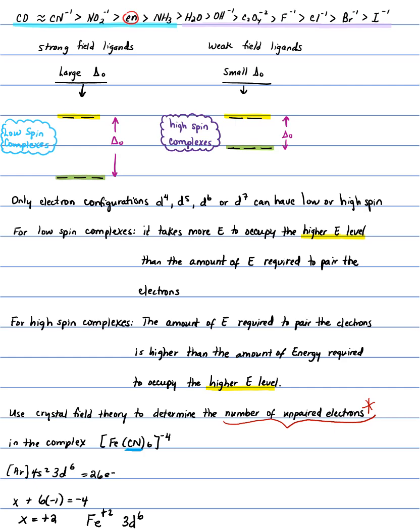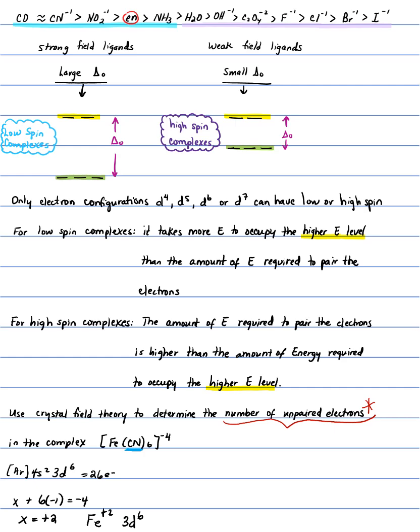Now, the question is asking you how many of those electrons are unpaired, which we can use to find out if it's diamagnetic or paramagnetic. You might think, okay, if it's d6, that's an even number, so all of my electrons are going to be paired, but that's not the case.